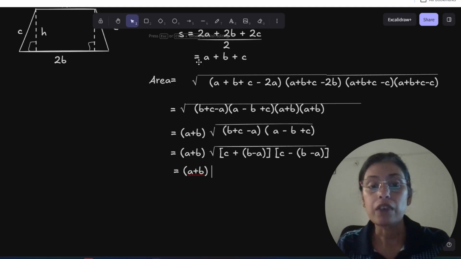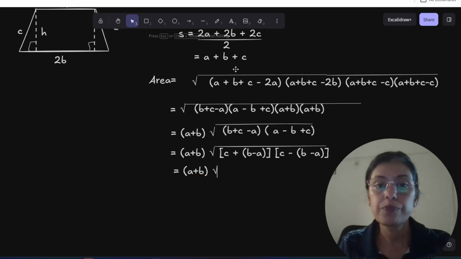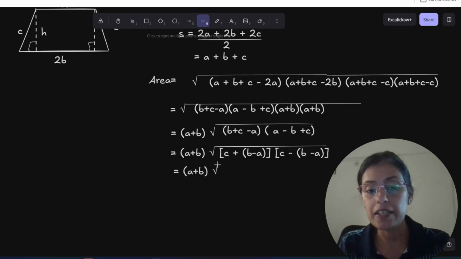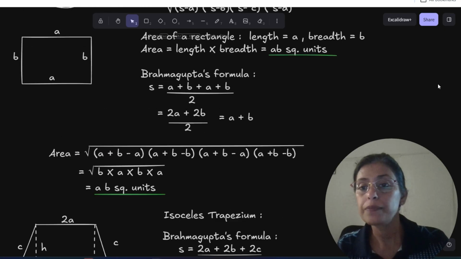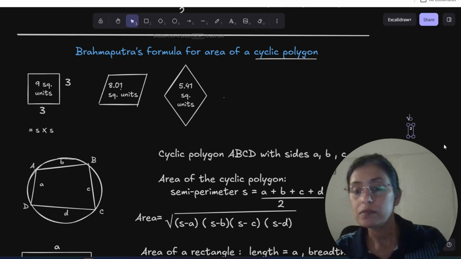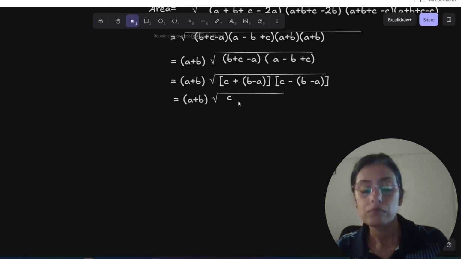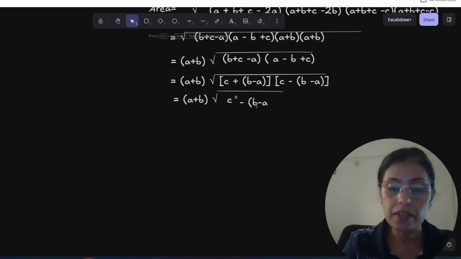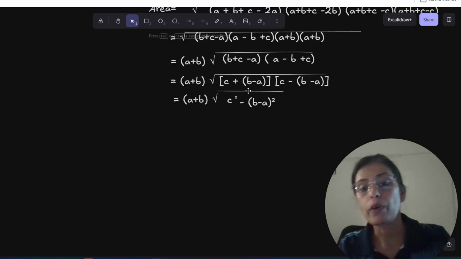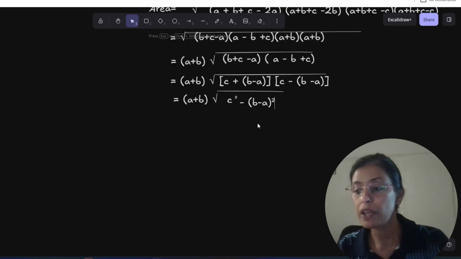So then we can write it in the form of, here the first term is C. So we'll write it as C square minus B minus A whole square, right? We can write it in this form.